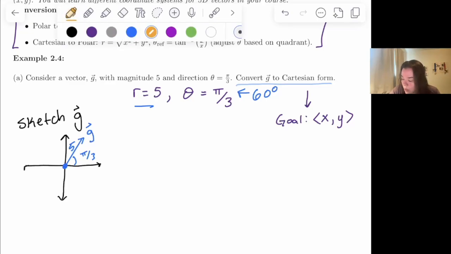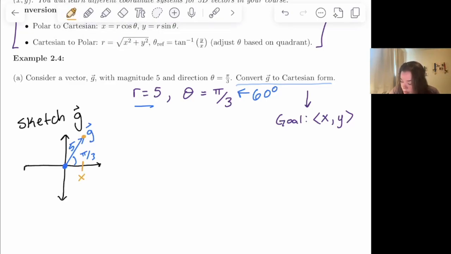And now keep in mind what we're after is the x-coordinate and the y-coordinate of where the head of vector g lands. And this just involves some right triangle trigonometry. You could use the conversion factors I gave you, or if your trig is strong, you could make a triangle and then go about finding the missing sides.